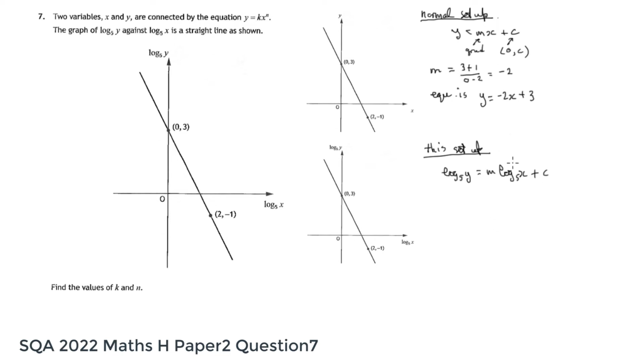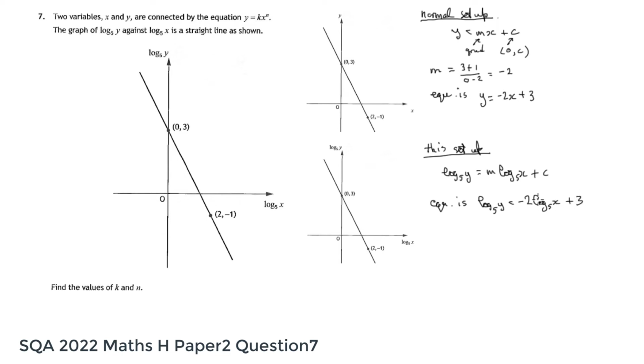And we would work through all this and end up with this equation. So in this case, the equation is log to the base 5 of y equals negative 2 log to the base 5 of x plus 3.